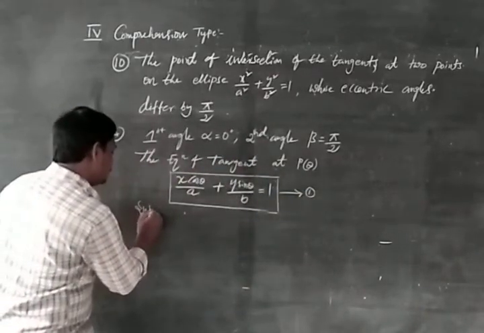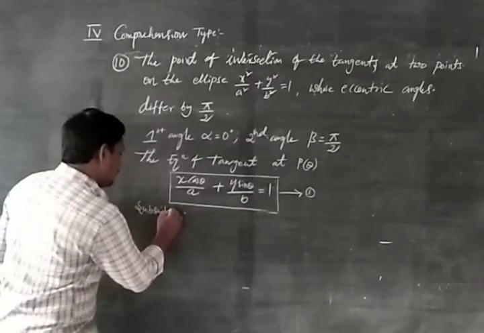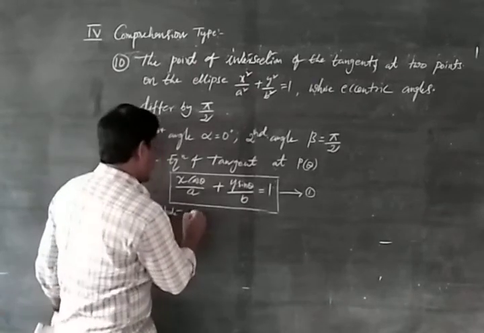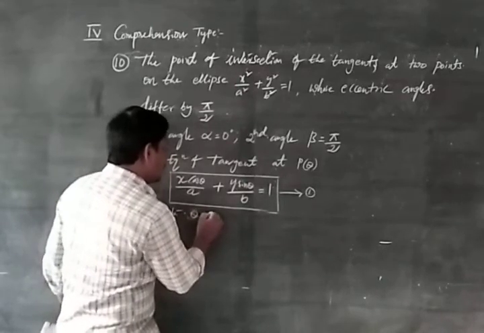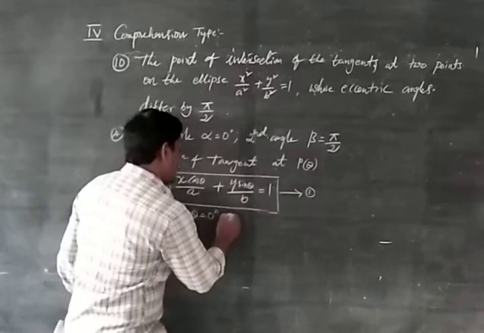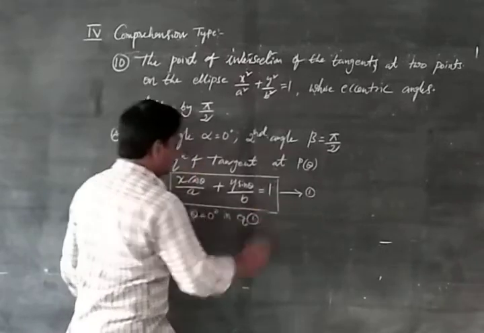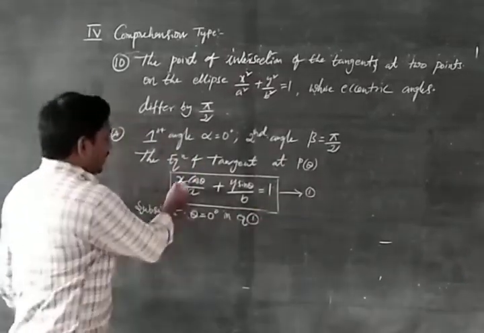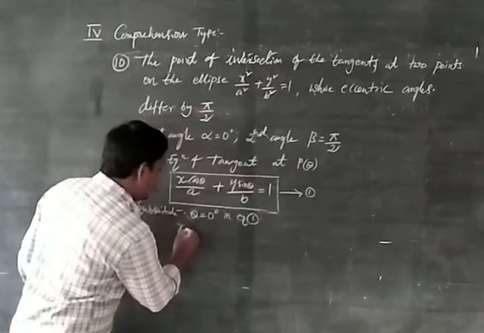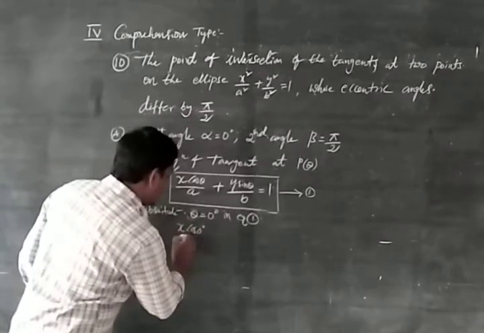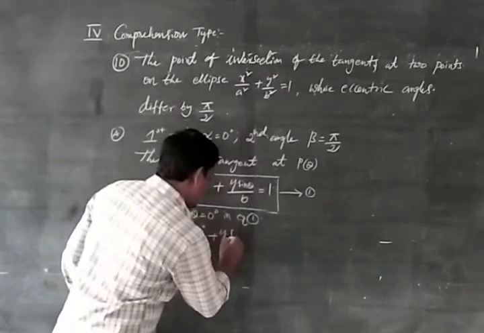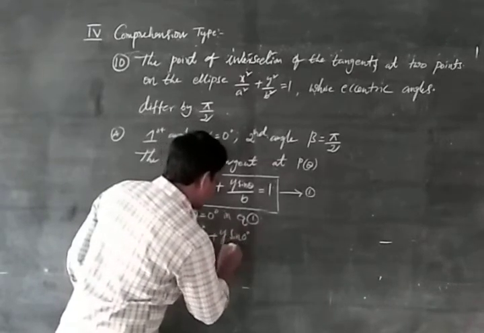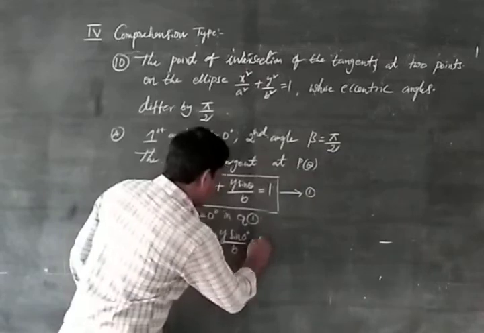Substitute theta equal to 0 degrees in equation 1. x cos 0 degrees by a plus y sin 0 degrees by b equal to 1.